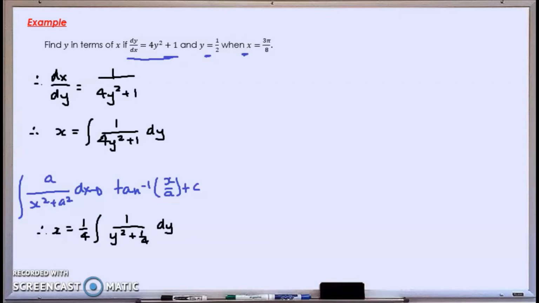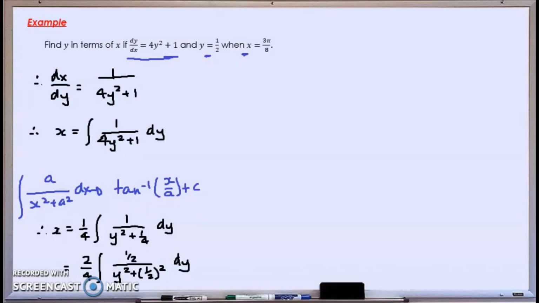And now this needs to be expressed in terms of an a squared, which means that a must be 1/2, and therefore I need to put a half on top. If I'm putting a half on top, then I need to take a 2 out the front. So I'll end up with 2 over 4 outside of the integral of 1/2, that's my a, over y squared plus a half all squared dy. And this, of course, is going to simplify down to 1/2.